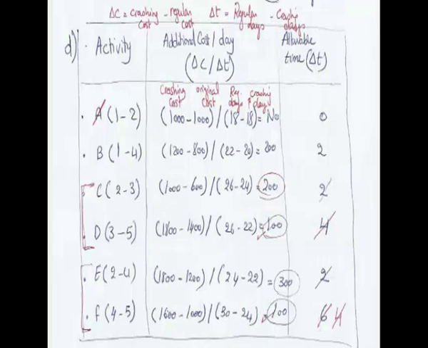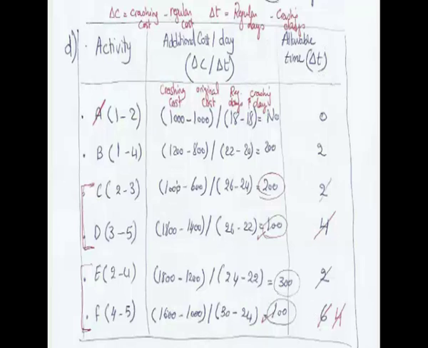The first column includes the activities A, B, C, D, E, and F, and they are given with the events that they connect. The second column states the additional cost per day, which is equal to the change in the cost divided by the change in the timing. And the last column is the allowable time.